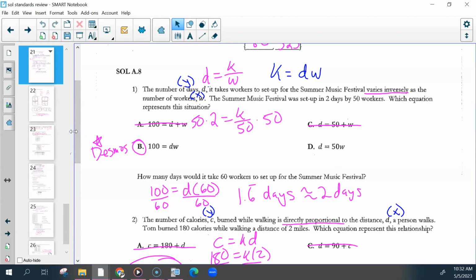The second part of number 1, you had to use the equation given, use the numbers given, and solve. So that answer should have been about 2 days. I would write in all of this. Anyone still need this stuff from up here?